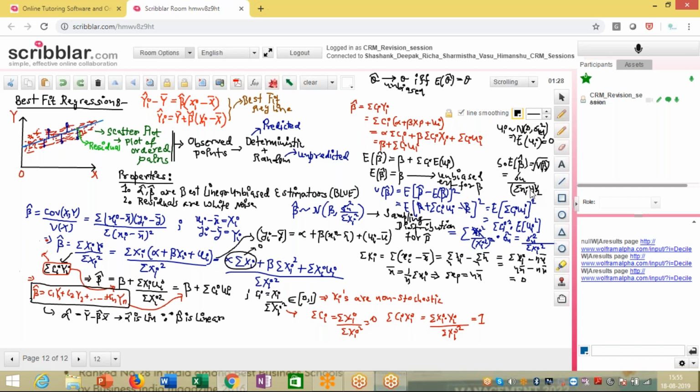Right? So is this part clear? So any questions up to this point, guys?